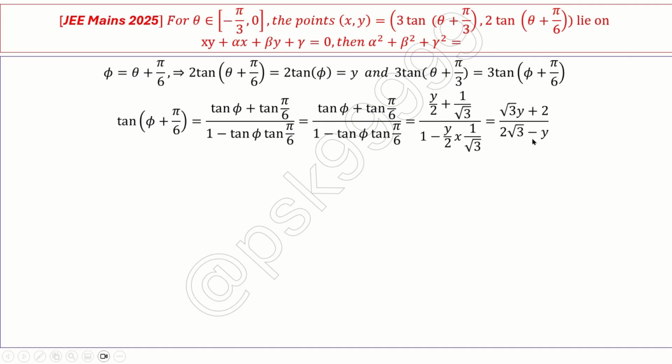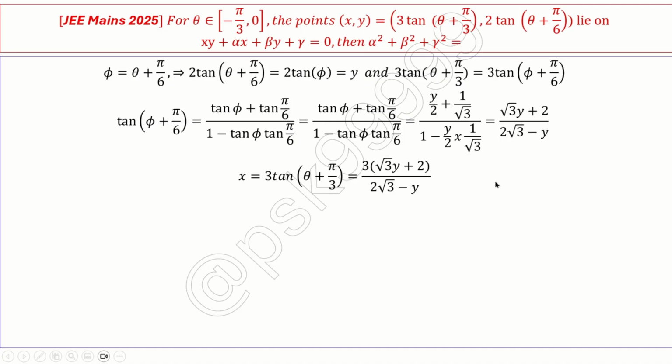So that is the expression: (root 3 y plus 2) divided by (2 root 3 minus y). This is my tan(phi plus pi by 6). And my x is nothing but 3 tan(theta plus pi by 3), which is nothing but 3 tan(phi plus pi by 6). So this is 3 times of this value.